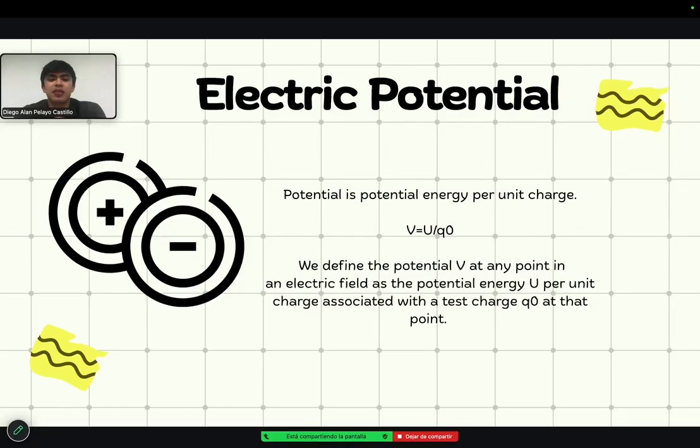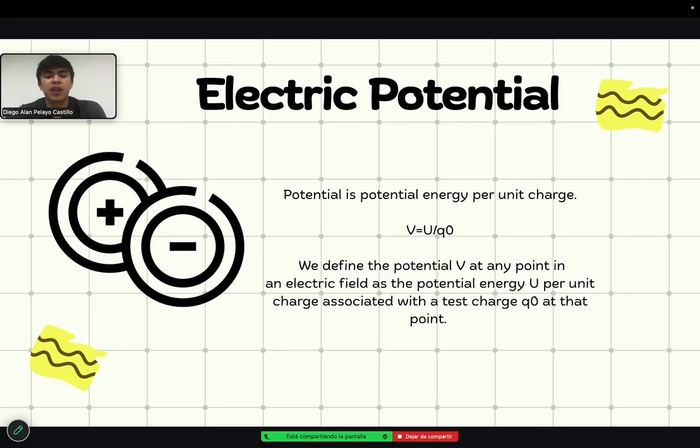Something that is a helpful way to understand electric potential is to think of it like height in a gravitational field. Just like an object at a higher position has more gravitational potential energy, a charge in a region of higher electric potential has more electric potential energy.